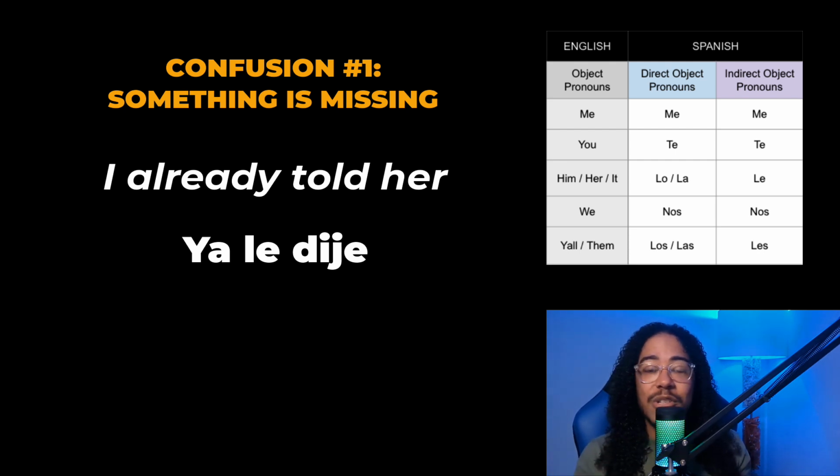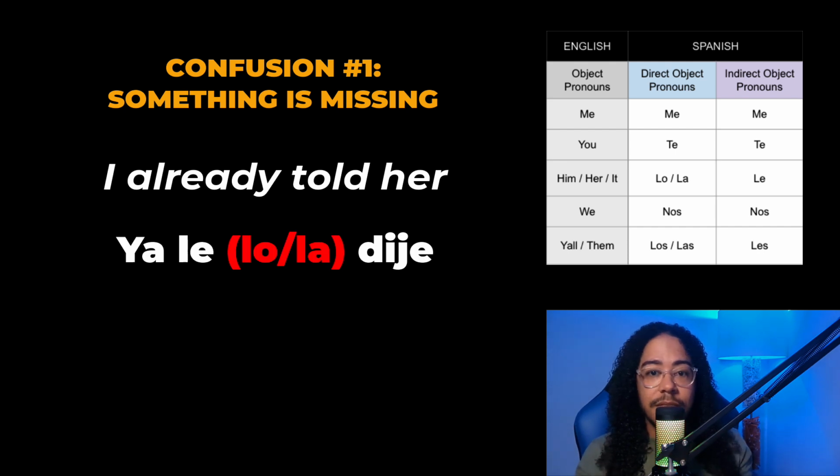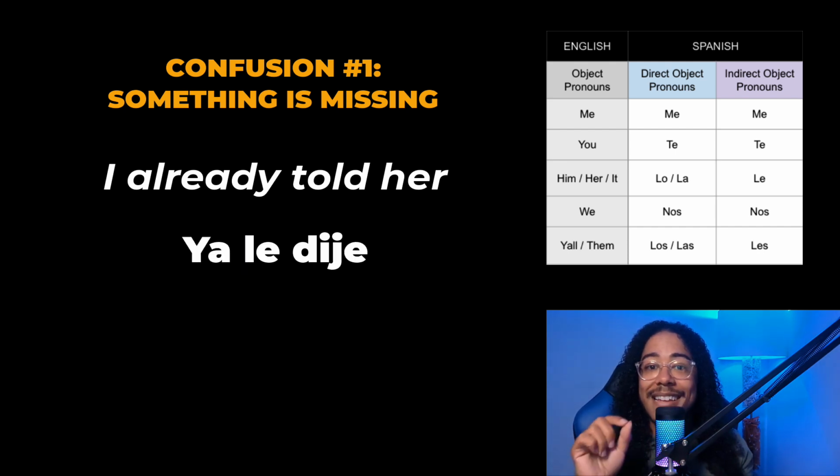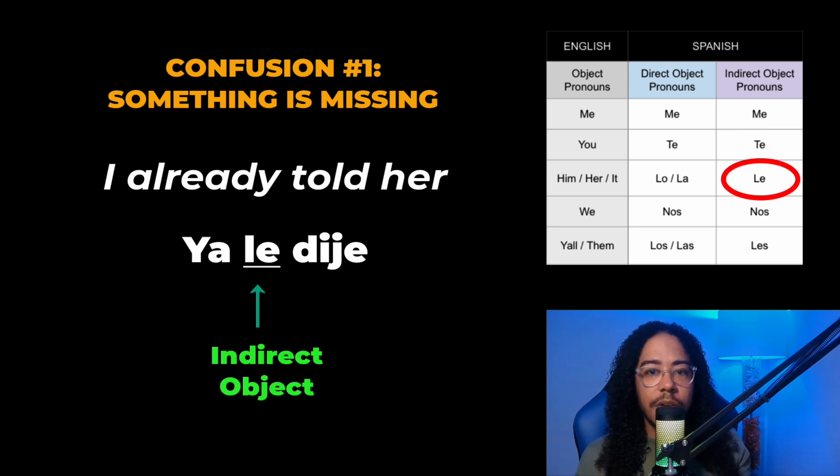Her is not what's being told. Something is being told to her. The thing that's confusing about this is that whatever it is that's being told is not mentioned. But we also see that it says le. Le is an indirect object pronoun. So this already lets you know that there is something that is being told that is not le.